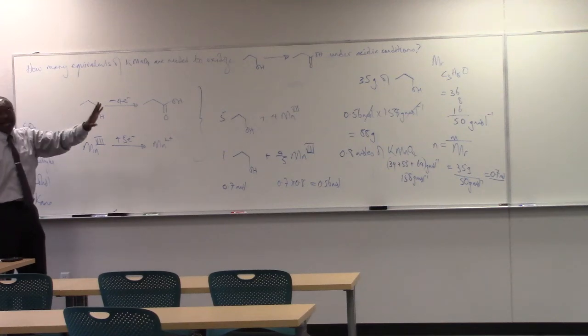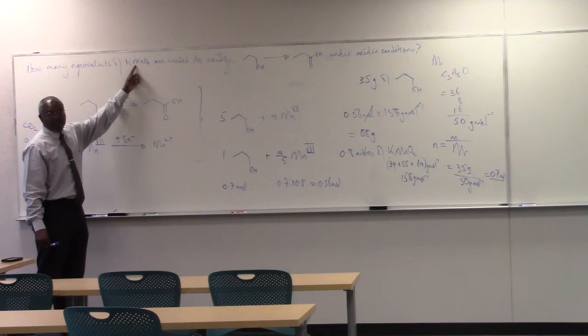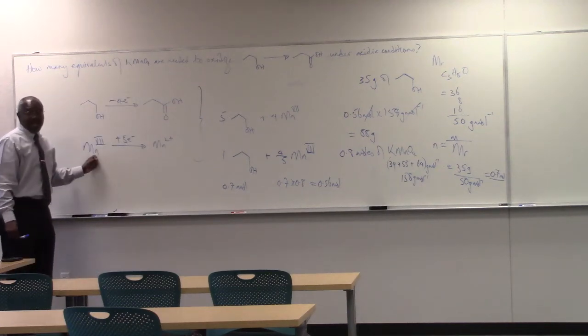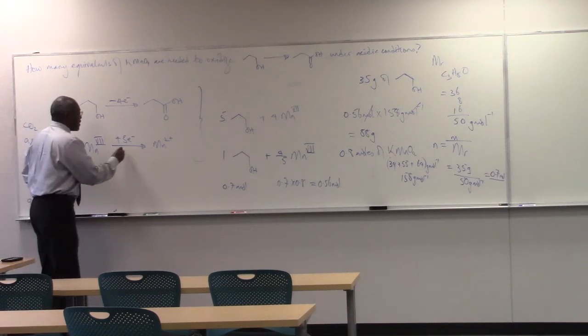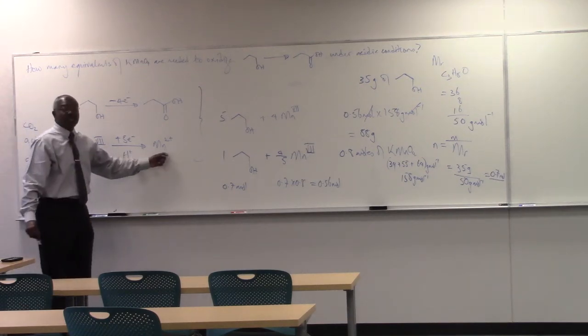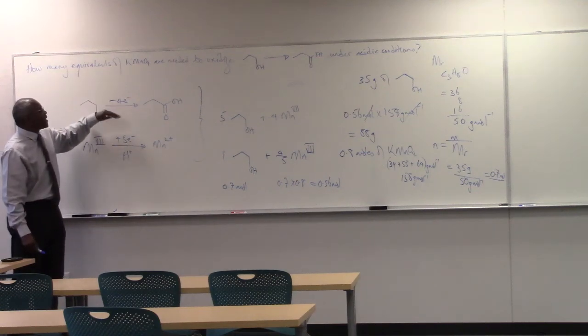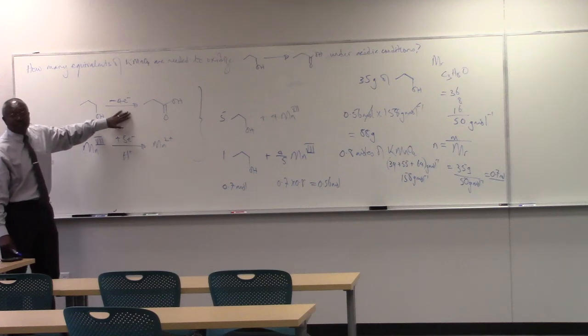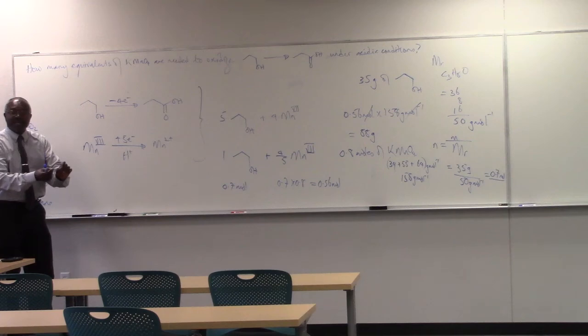That's what happened to the organic. The reagent I'm using is potassium permanganate. That has manganese 7. Manganese 7 under acidic conditions gets reduced to manganese 2. That represents a 5 electron gain. So if I have something that requires 4 electrons mixed with something that releases 5 electrons, how much of each do I need?